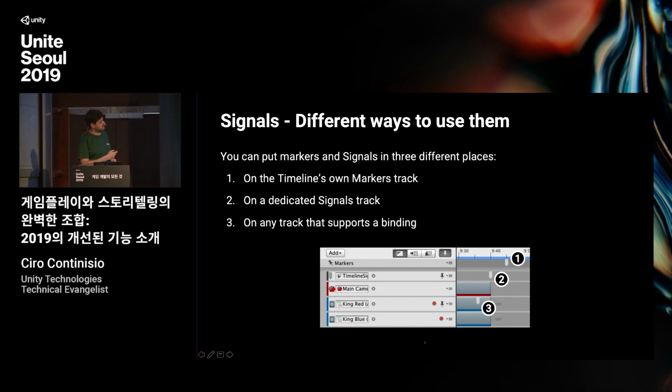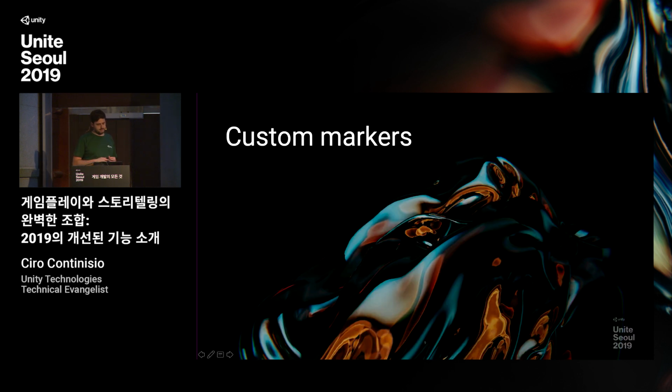Okay, so these are signals, a type of custom marker that we provide for you. But like many things in Unity, you can also create your own types of markers. Just exactly like clips and tracks, you can create your own custom clips and tracks. You can also create your custom markers.